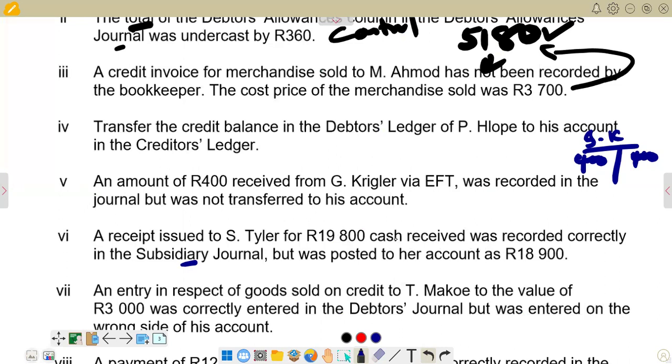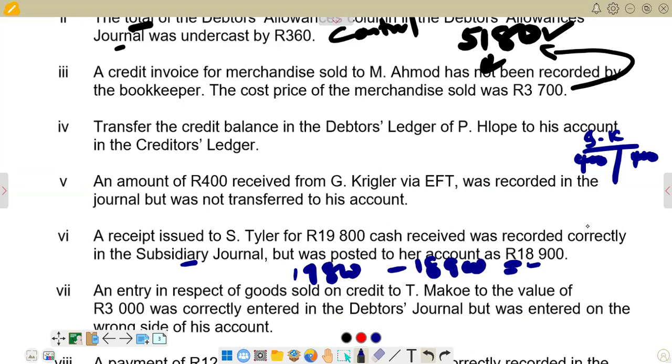So we would want to see by how much we entered the smaller figure, and then we are going to subtract that difference so that we subtract the correct amount, which is a higher amount. Remember, 19,800 is greater than 18,900. It means what we subtracted was smaller than what we were supposed to subtract. So we just calculate the difference: 19,800 minus 18,900.